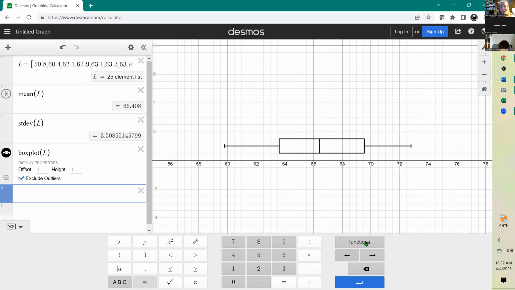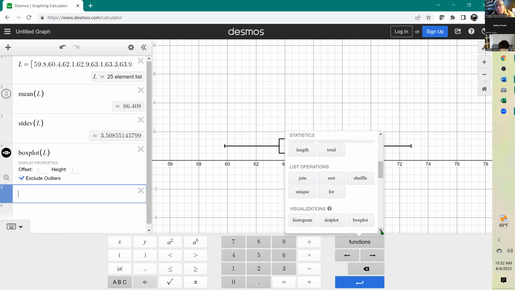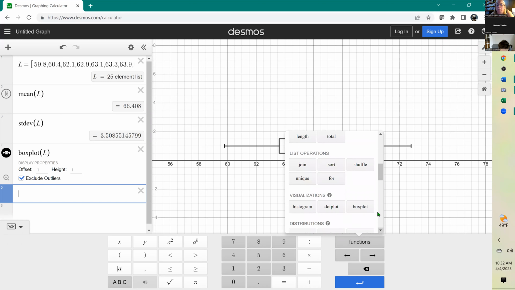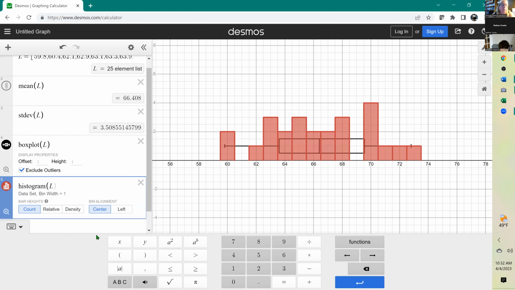We could also do a histogram. Dot plot, that wouldn't work well with this data. Histogram. This is your width. If you wanted it wider than 1 unit, you could do that. But I think that's good. Now, when it does the histogram, it decides what to go by. This went by ones.